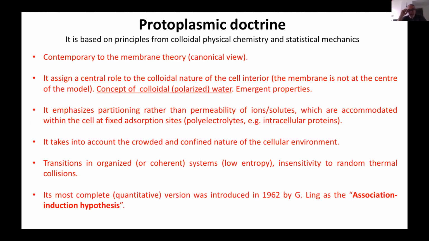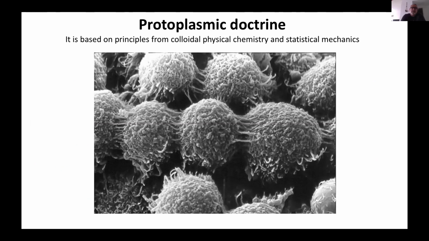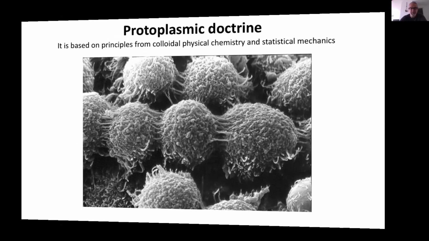The most complete version of this theory appears in 1962, and is known as the association and induction hypothesis. Of course, I cannot go into all the details on that because it's not the time, but I will just try to point out the most relevant points for this theory. Just to make an analogy, the protoplasmic doctrine will see the cell essentially as a gel type of environment, different to membranes containing aqueous environments.